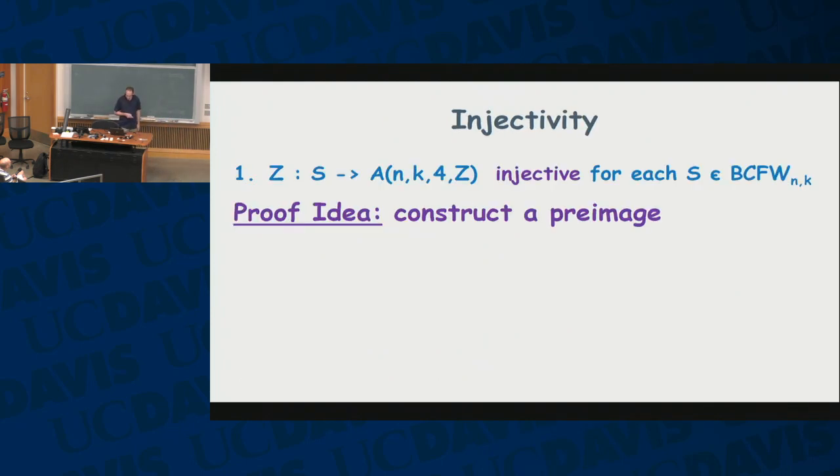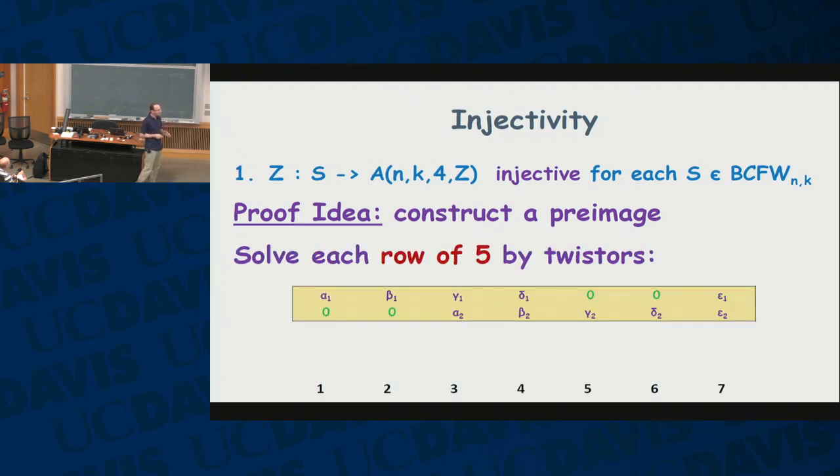Now let's see how this plays in the proof. The first part of our result is the injectivity, and the idea of our proof is just to solve the inverse problem. We take a point in the amplituhedron, and we want to find its unique pre-image in the form of the domino matrix corresponding to the tiles that we are interested in.